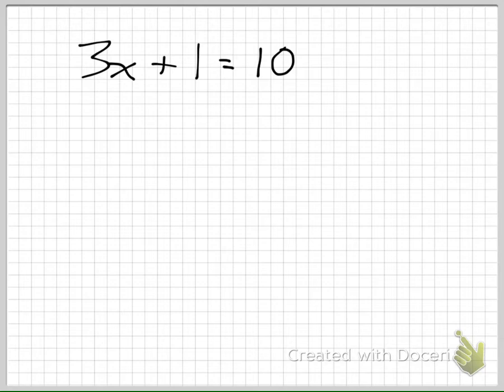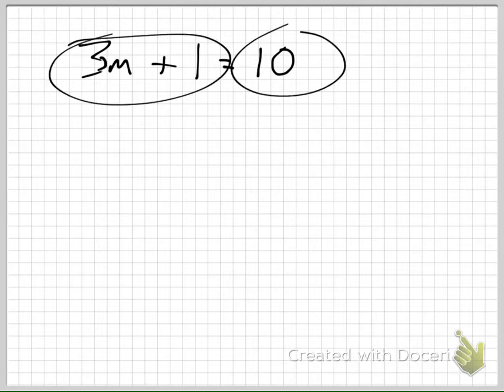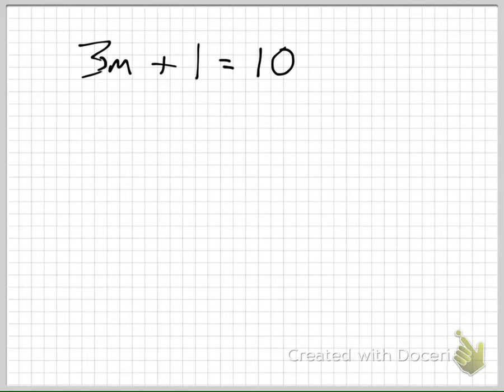X. I'm solving for X. If that wasn't an X and this was an M, then I would be solving for M, right? I'm solving for the variable. I'm solving for the unknown. I know that this and this are equal. That's not what I'm trying to figure out. I've got to figure out what the unknown is. Make sense?